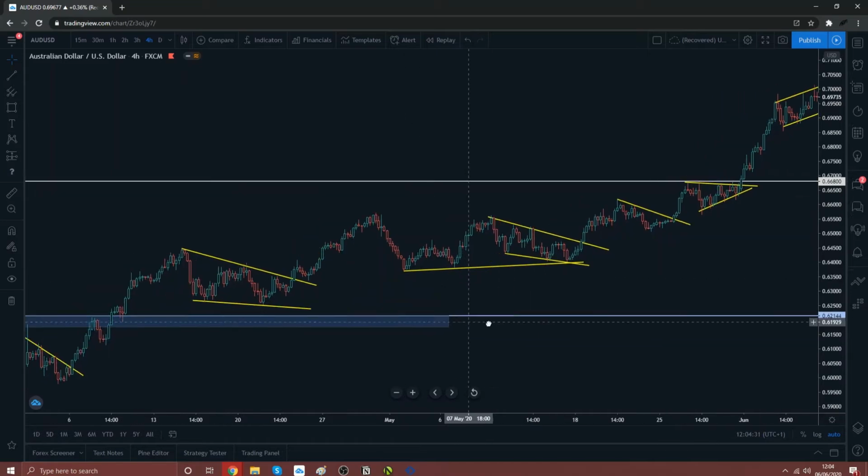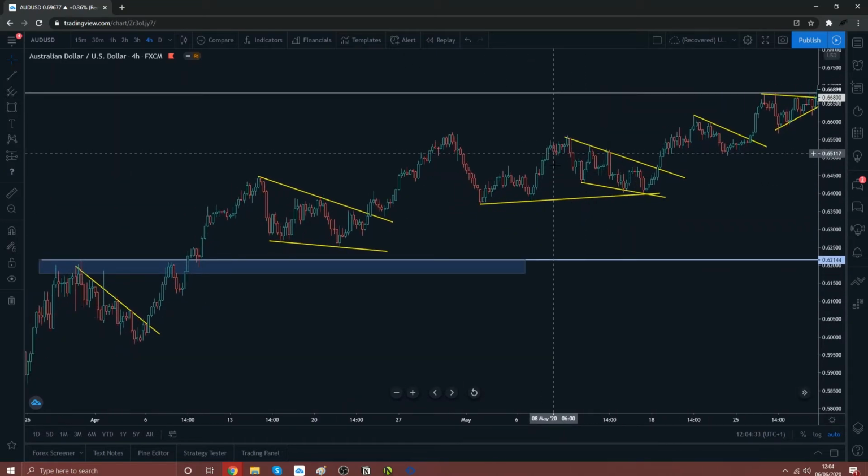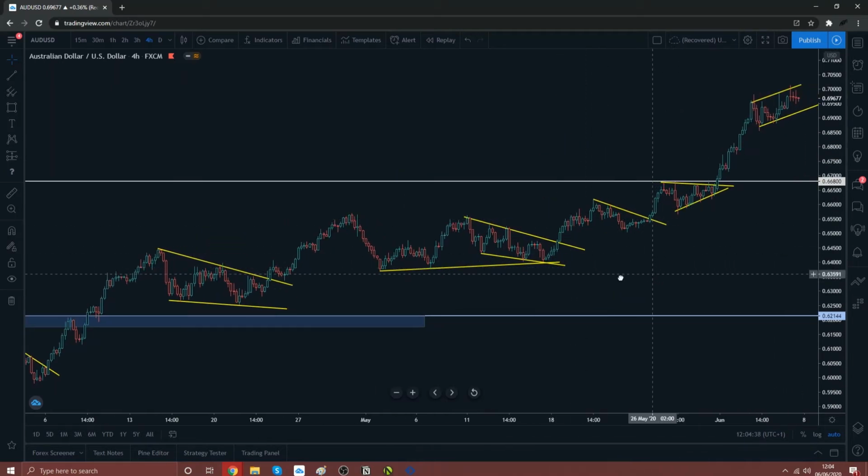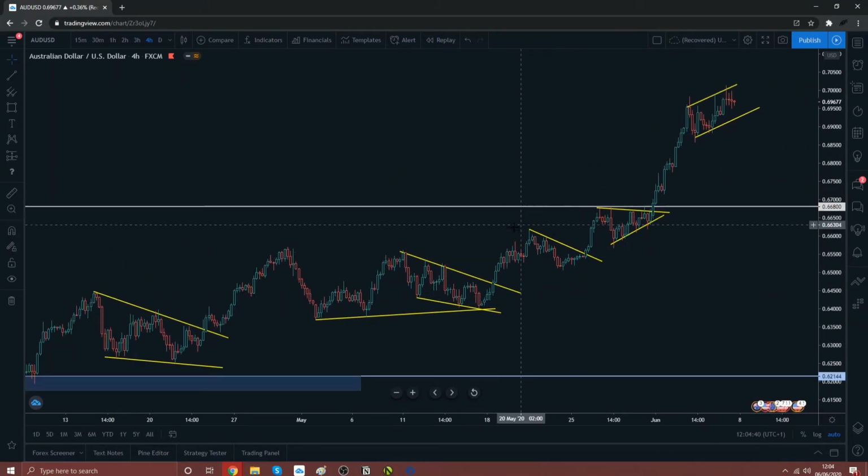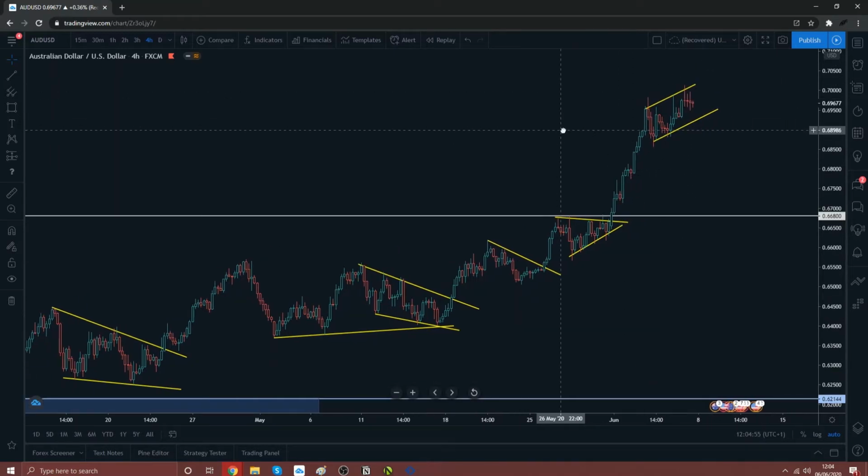But then again, corrective movement, retail traders trying to push the price lower, can't do it, and then again, a big impulsive move up, and then more sideways downward movement, impulse, and then more sideways movement, and then now we're currently here.